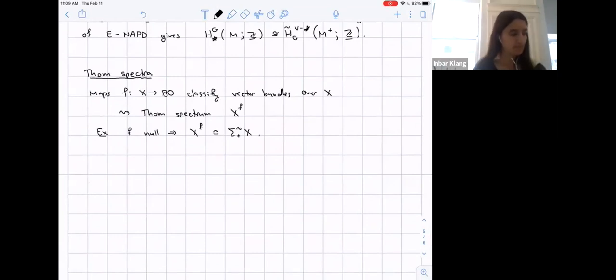All right. So this is also something that works for equivariant maps.